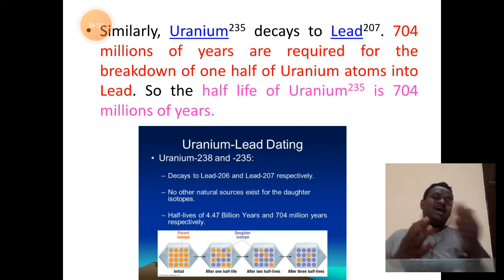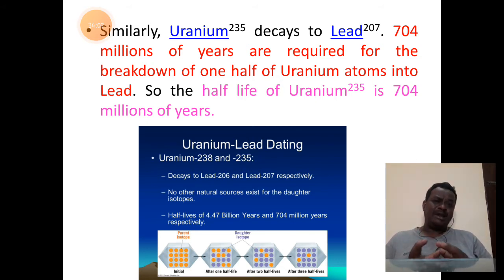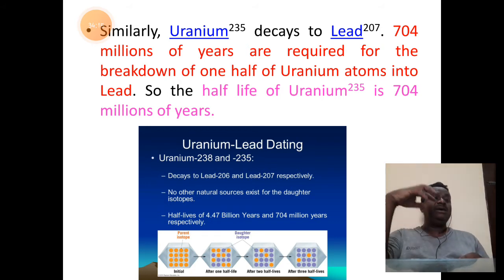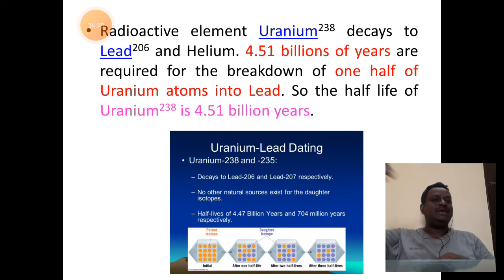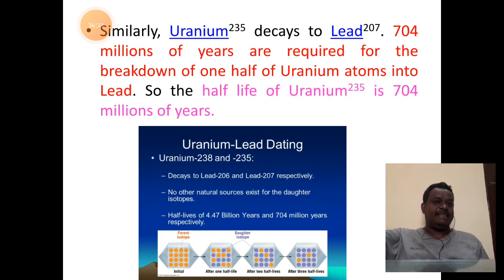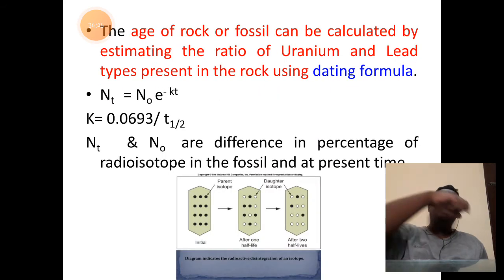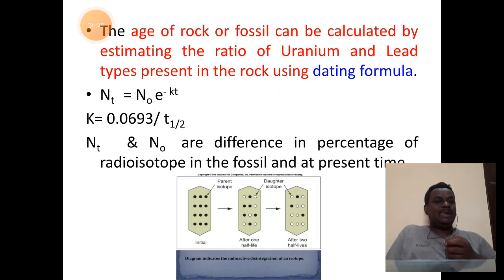So the breakdown of 100% of uranium-235 to 50% requires 704 million years, whereas uranium-238 takes 4.51 billion years. A billion is more than a million, understand that, okay? So that's about uranium-235.